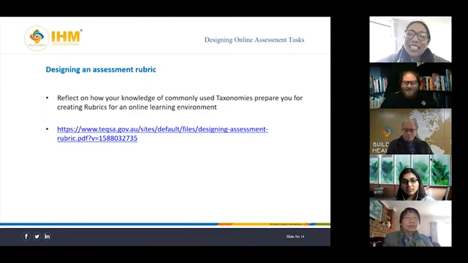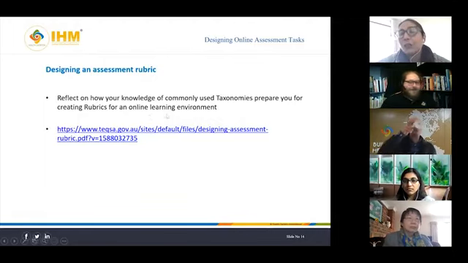So what we're looking at is designing assessment rubrics, which in turn help our students, make them feel supported, make them feel prepared, and minimize issues around academic integrity as well. But here we are looking at how the knowledge that you have around the taxonomies used in preparing rubrics prepares you as an academic for the online learning environment.